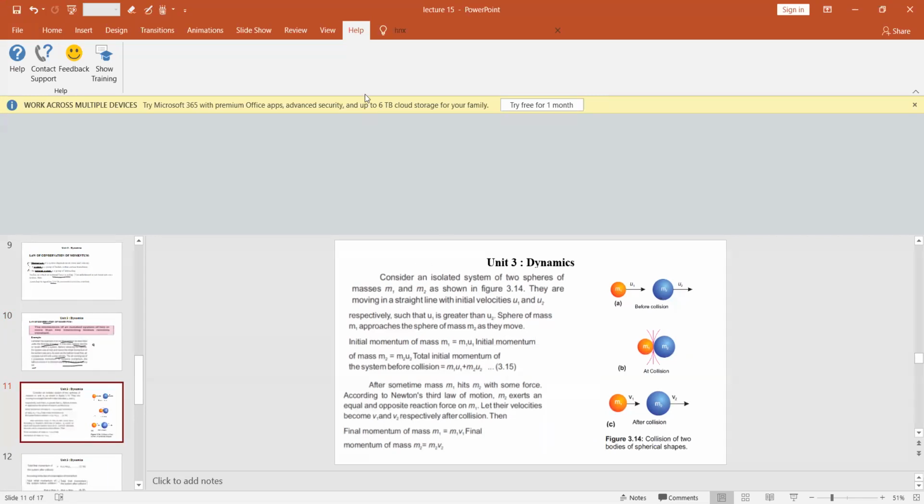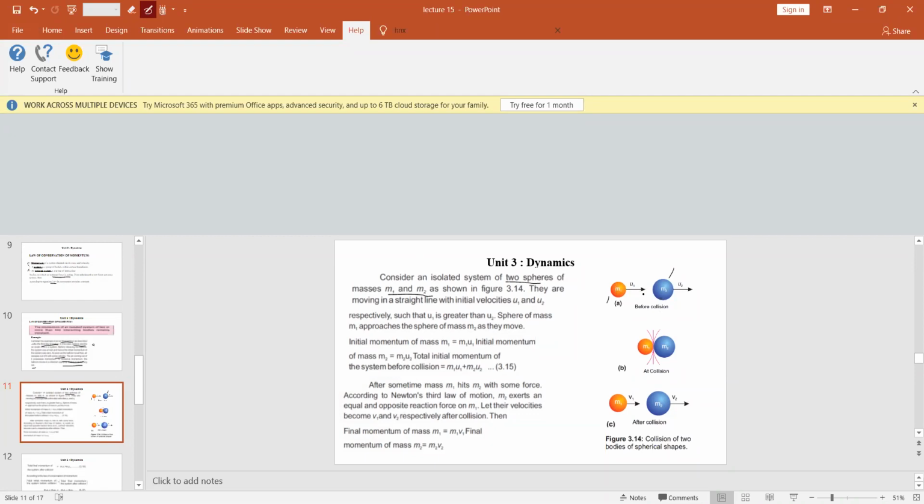Consider an isolated system. Again, you know what an isolated system is, right? There are two spheres of masses m1 and m2 shown in figure 3.14c. This is mass m1 and this is mass m2. Both are spheres, and by the figure you can see that mass m1 is small as compared to mass m2. They are moving in a straight line with initial velocities u1 and u2.